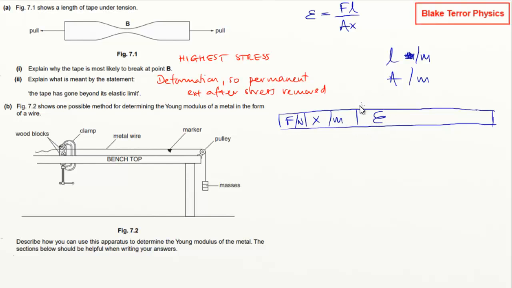You could either calculate it, say, okay, well, now we can just put all of these numbers in. We've got all of them, and we can calculate Young's modulus. Or you might want to say, well, let's do the force divided by the extension. We could do a force extension graph, something like that.